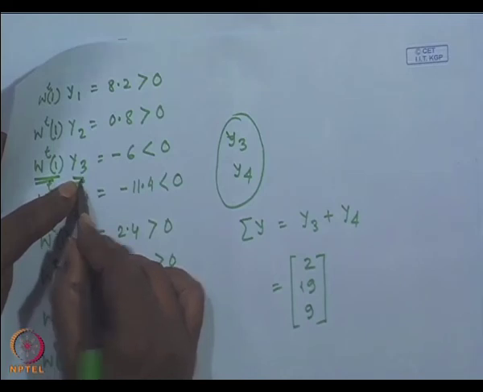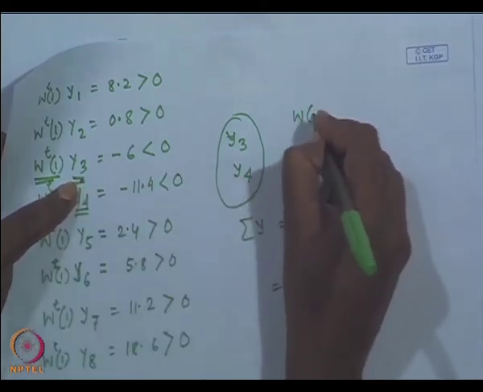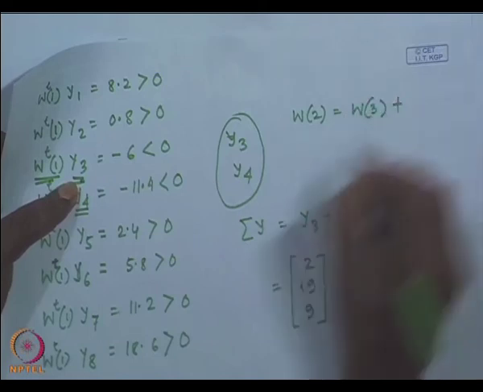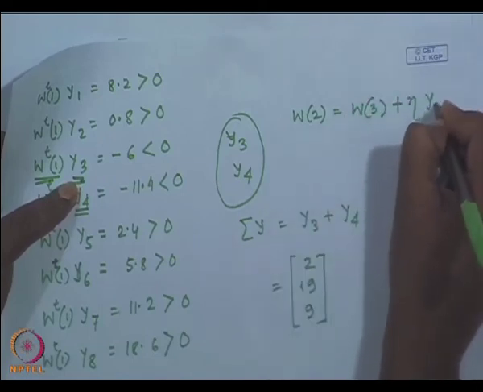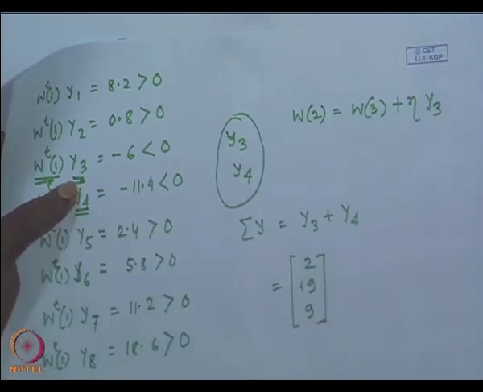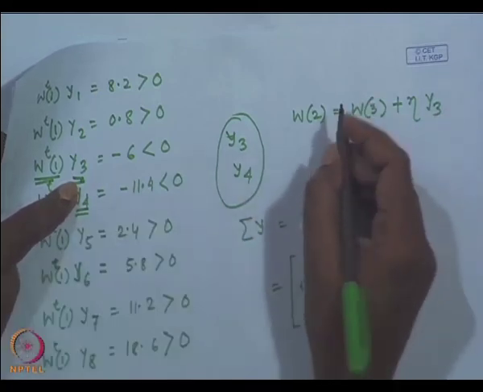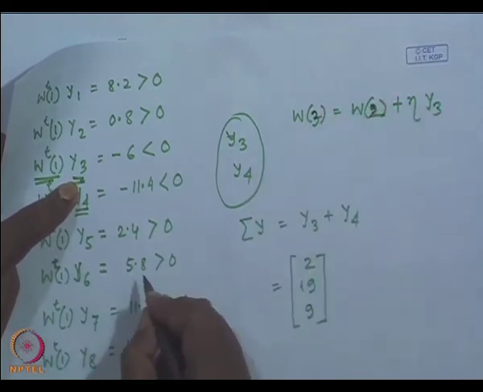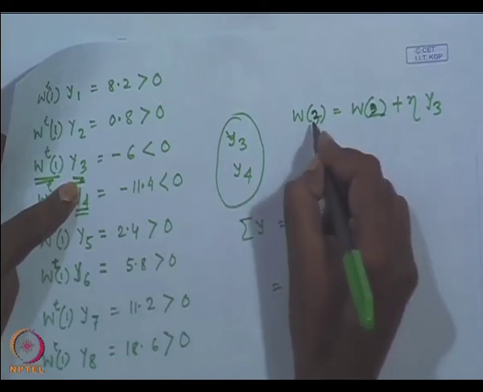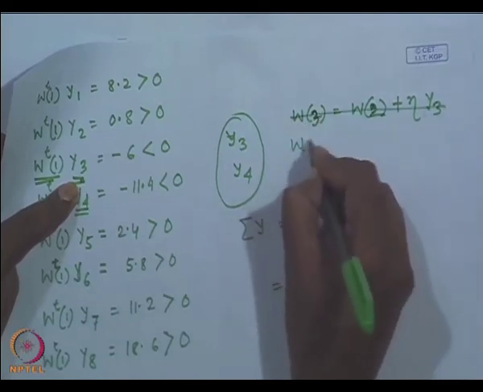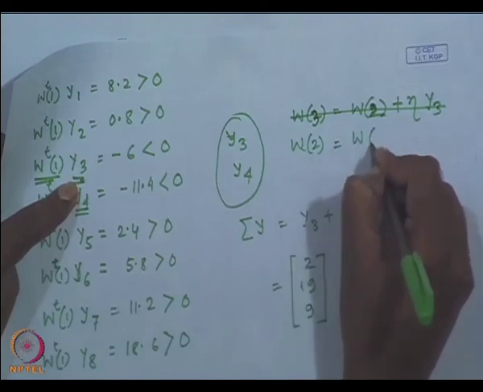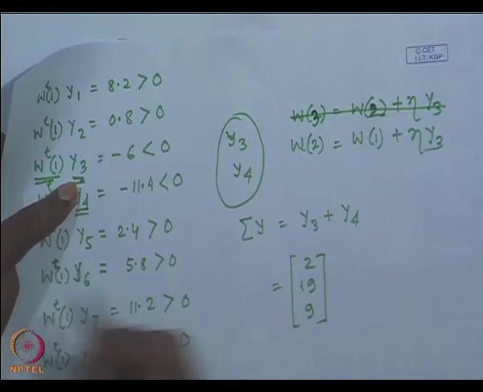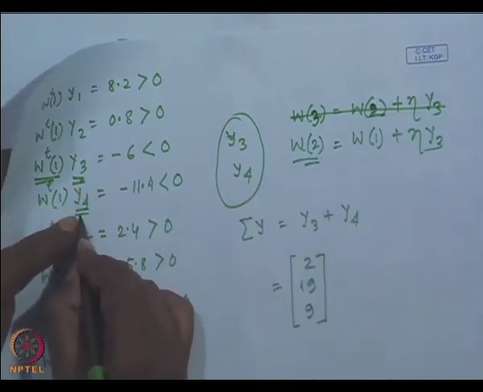Immediately I use this y3 to get W2, which will be W1 plus eta times y3, and maybe this W2 will correctly classify y4.